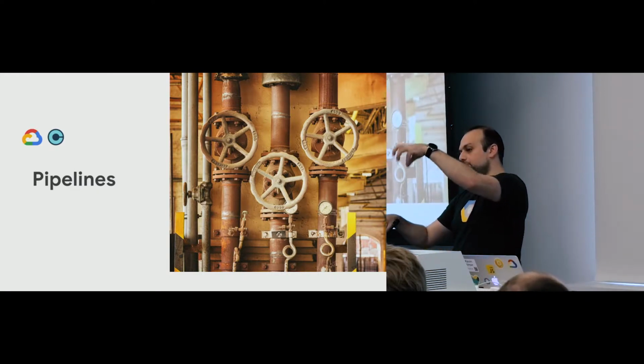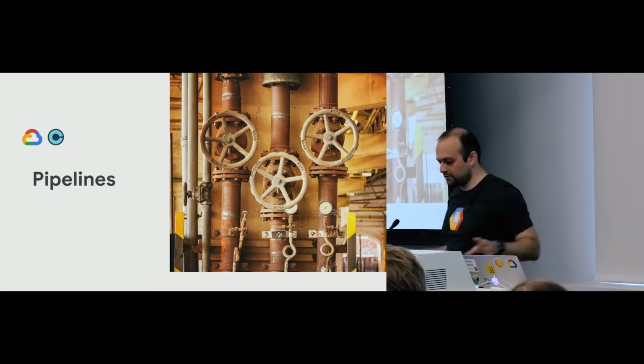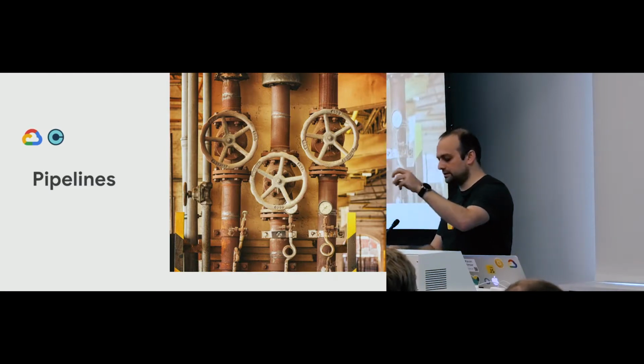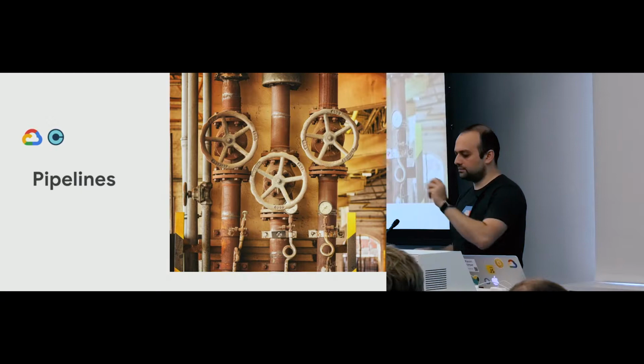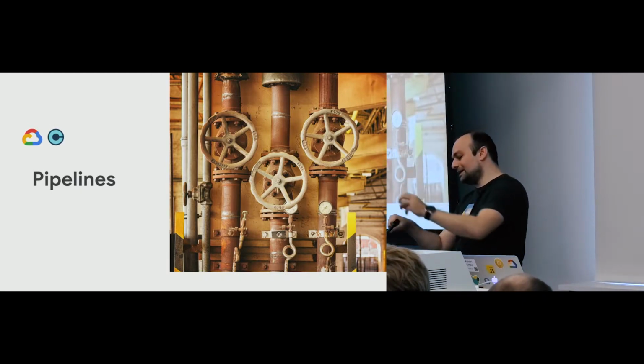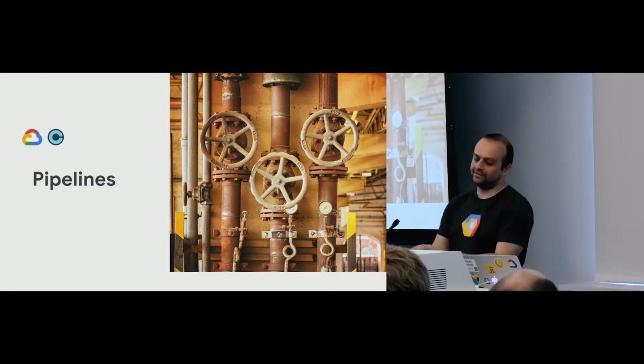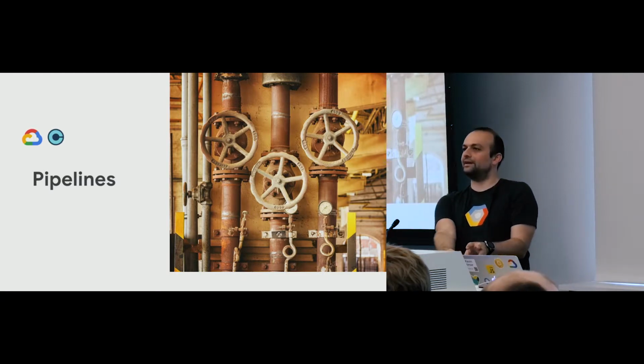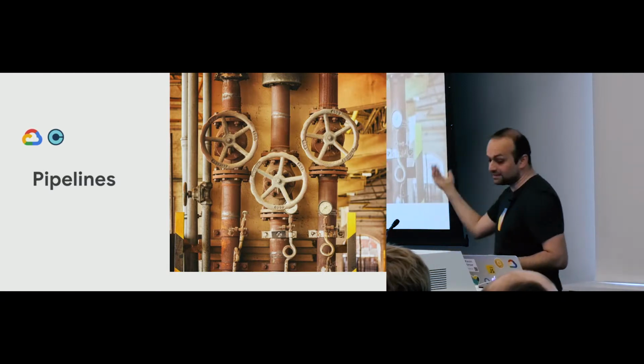You put a piece of meat, or if you're a vegetarian, I don't know, a potato in there. But the point is, you put something in, it turns and does stuff, and something rearranged in a totally different way comes out at the other end. So this is what a pipeline is.